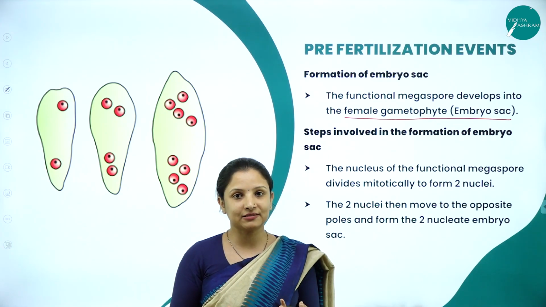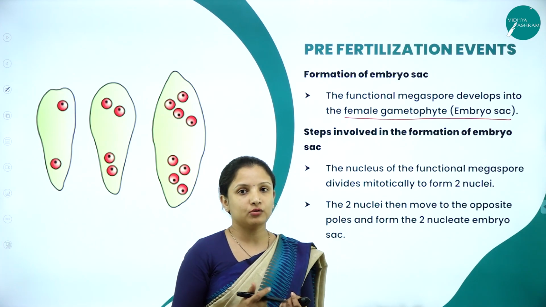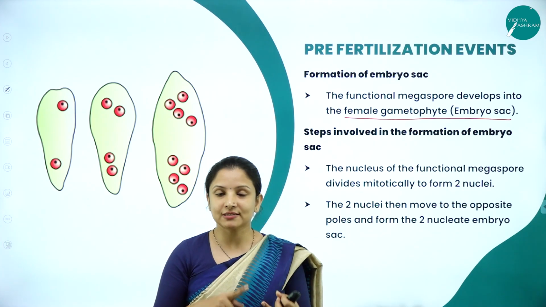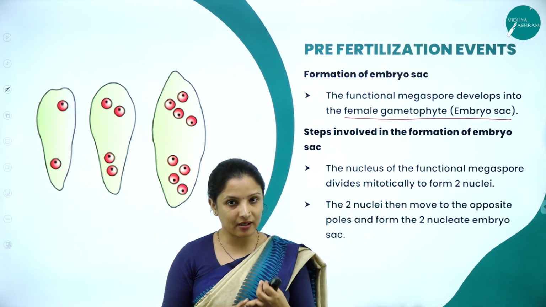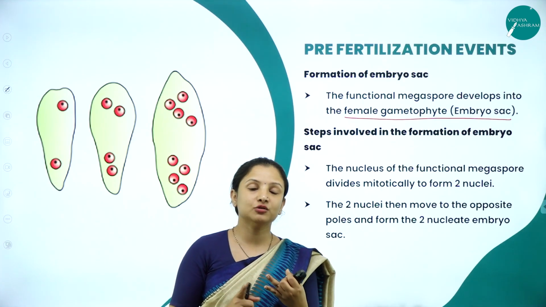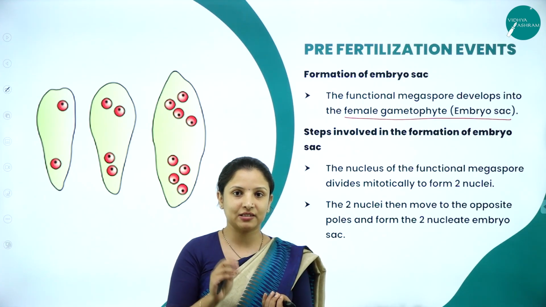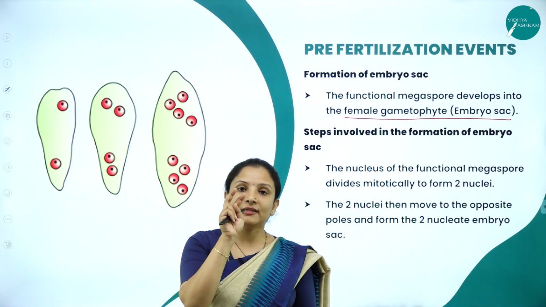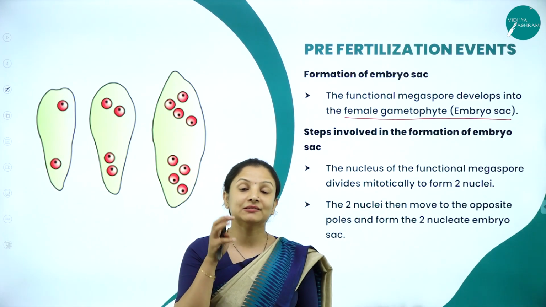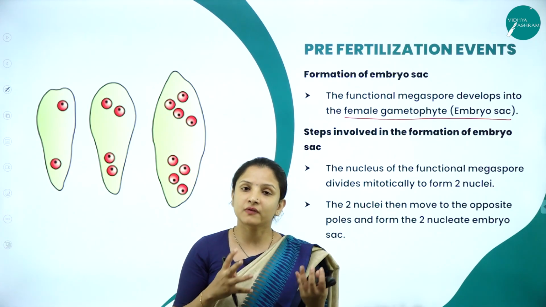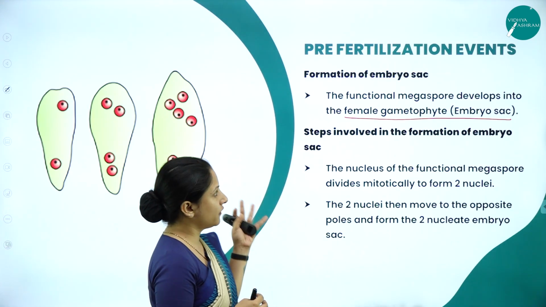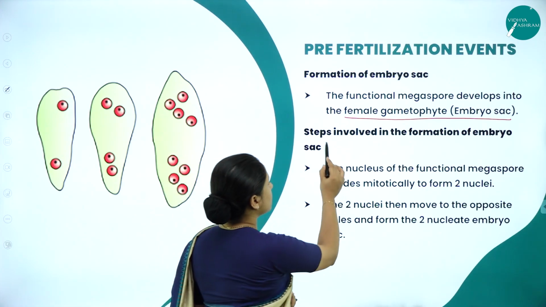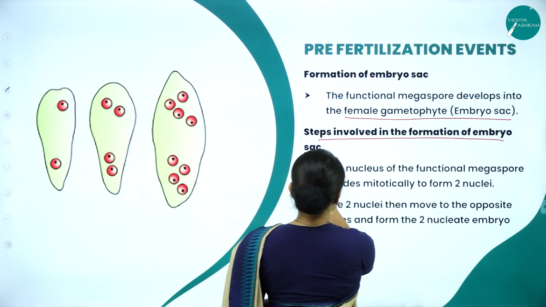From where did these cells come? We have the synergids, the egg cell in the egg apparatus, three antipodal cells towards the chalazal end, and in the center the central cell with two polar nuclei. From where did all that come? That is what we will learn here, the steps involved in the formation of the embryo sac.